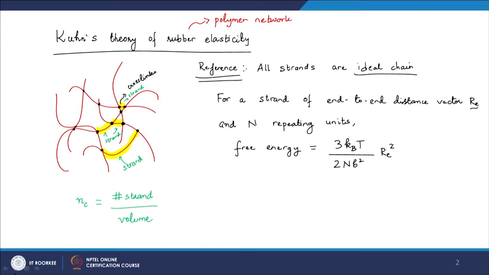Now, of course, that strand will not really have a fixed number of repeat units. The number of repeat units can change for different strands. Similarly, it will not have a fixed RE. The RE value for every strand can be different. In fact, for the same strand at different times it can be different.